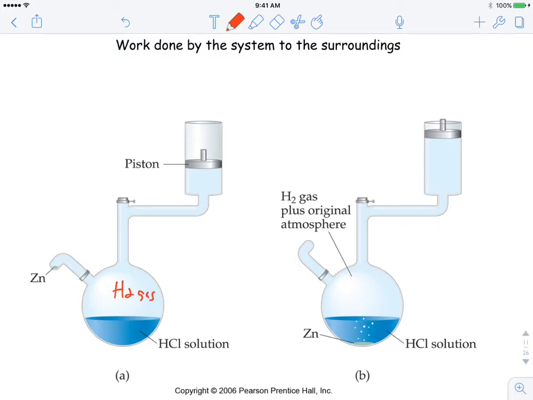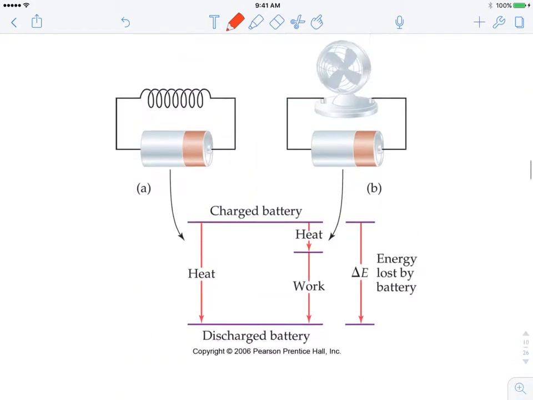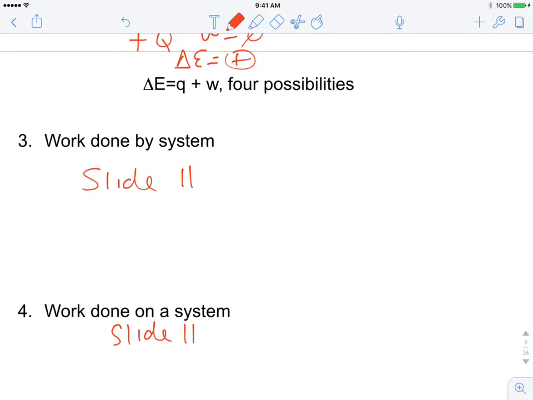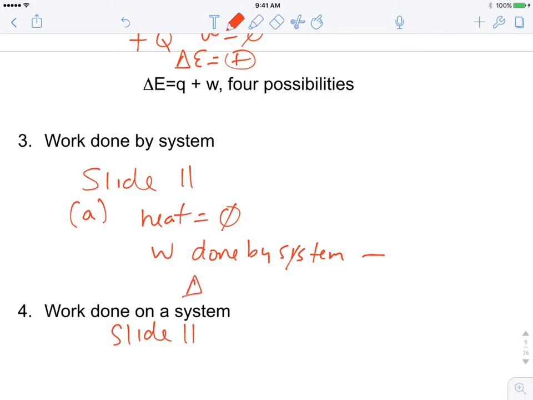This H2 gas is going to push this piston up. So this is work done by the system. So here in this situation, slide 11A, the heat we're going to say is equal to 0, but the work is being done by the system. That means that it is negative, so our change in energy is equal to a negative value.